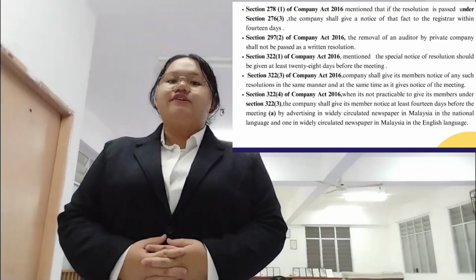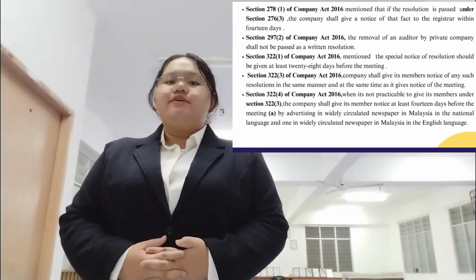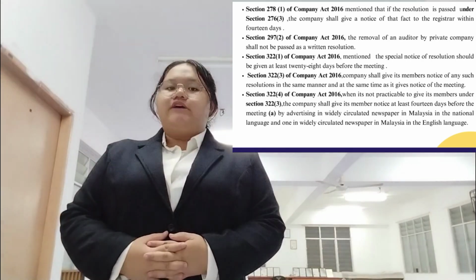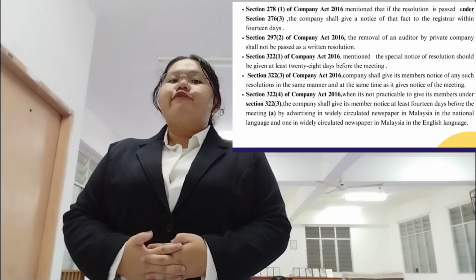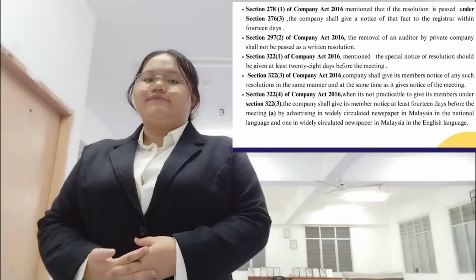According to Section 297, Subsection 1, Subsection 2, and Subsection B, the removal of an auditor by a private company shall not be passed as a written resolution before the expiration of his term of office.